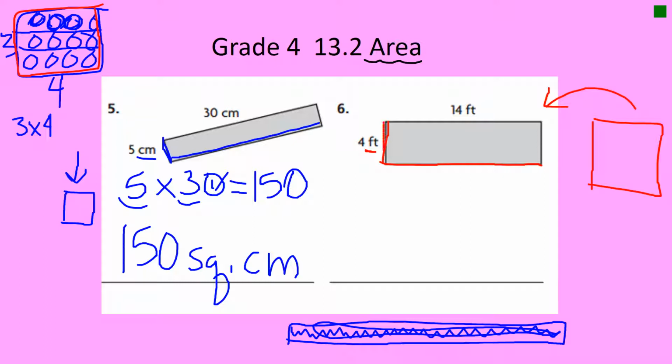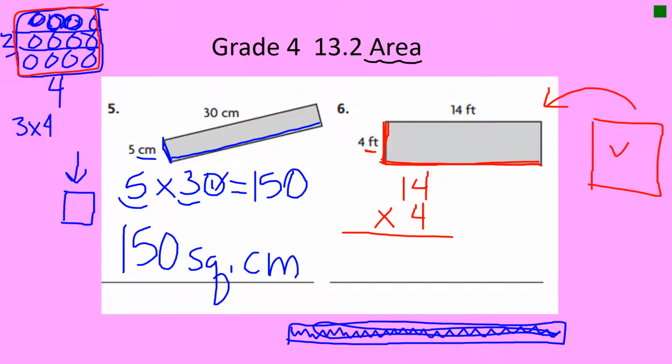So you have 4 rows of 14 feet. So how many of these square units makes that rectangle? Well, I'm going to have to write this one this way. 14 in each row of 4 rows.